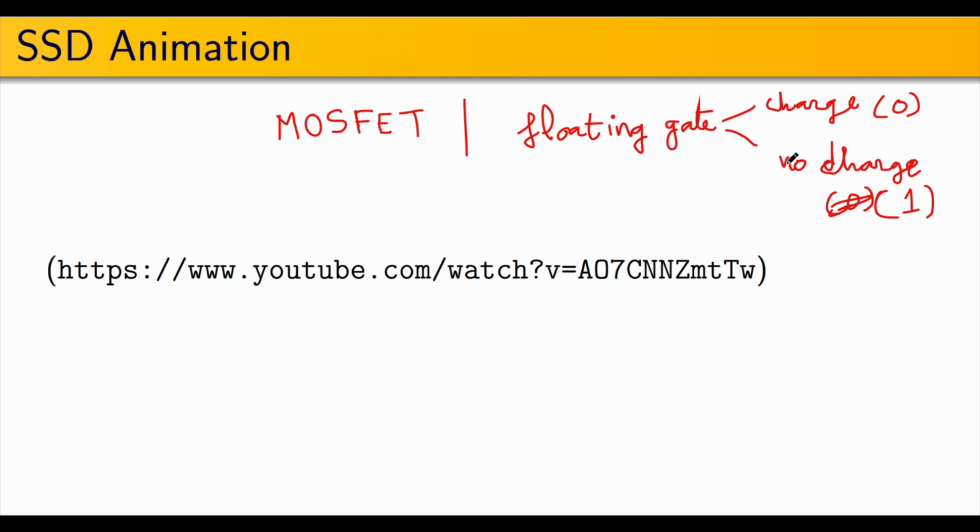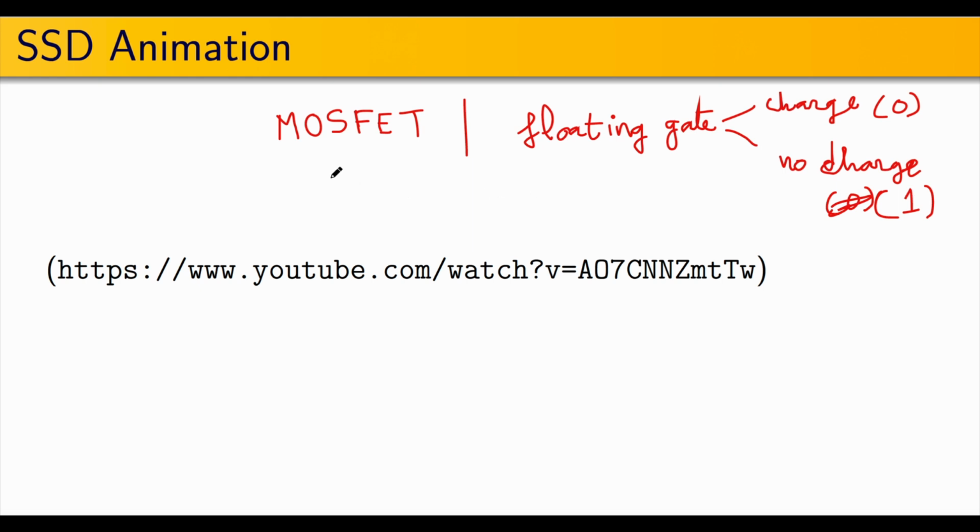So here charge determines the state, whereas in hard disk drive it was magnetization that determined the state 0 or 1. Here it is the charge that determines the state 0 or 1, and that is done through what is called a floating gate.